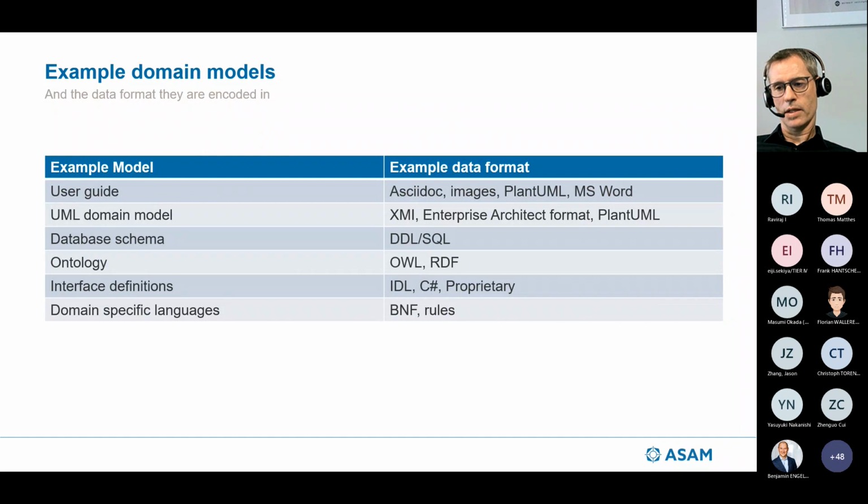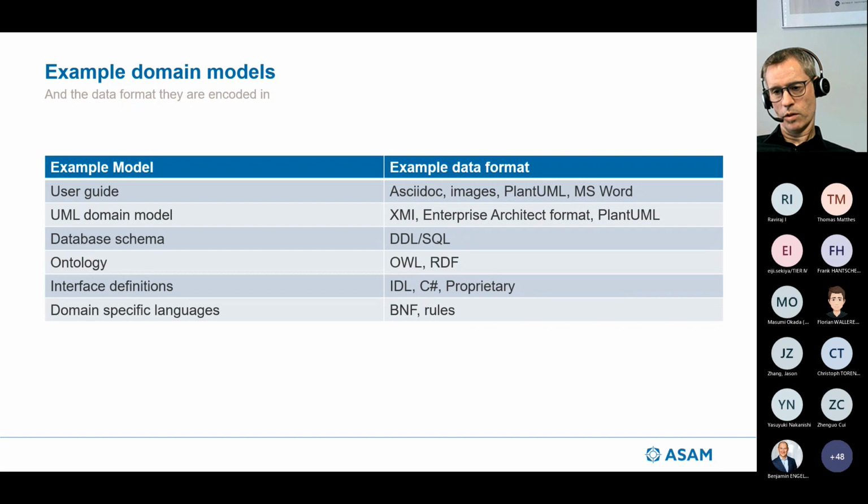On the right side, you see the data format, which means that even the domain models we are using during standardization, if we want to share them, also have to be encoded in some kind of data format. When it comes to standardization, of course, we have the user guide, and this user guide is encoded in AsciiDoc, and it uses some images, pieces of PlantUML, and probably the classical ones are represented in Word format.